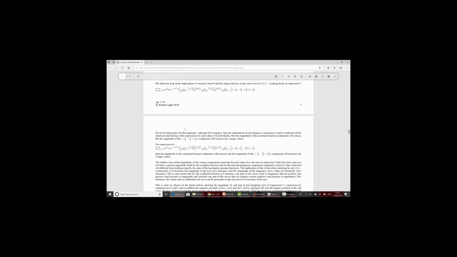Looking again in more detail now at when b does not equal 0, firstly looking at the expression 5, so continued fraction, then minus an eighth minus b over 2 plus a over 2i. But b does not equal 0, and for the sake of this discussion we'll say it's positive. Having said that, if you have b negative, you're just switching around expressions 5 and 6.